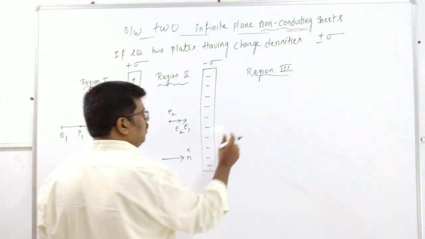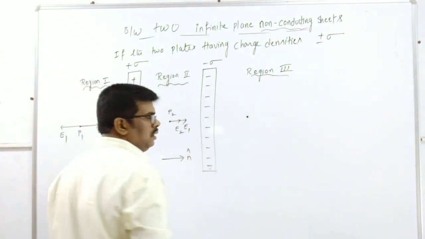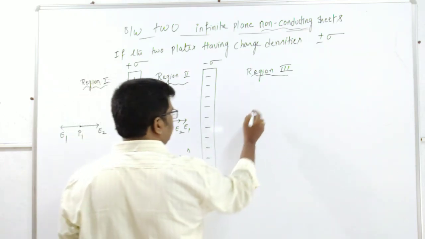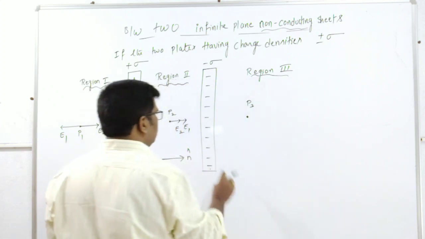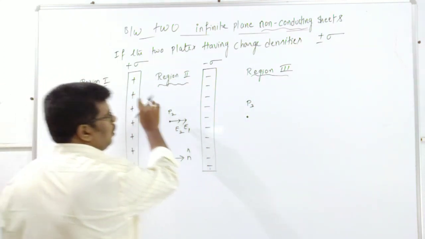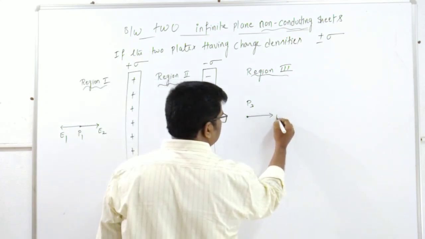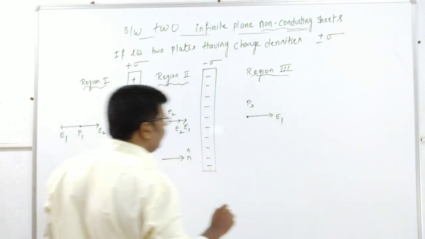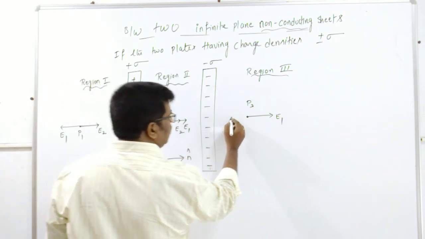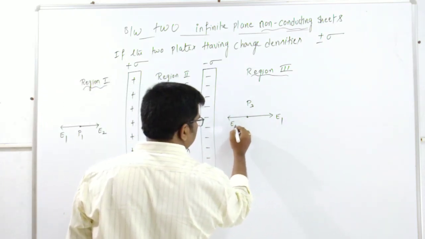And in the region 3, that is at P3, the electric field intensity due to the first plate, which is positive, is away from it, E1. But due to the negatively charged plate, the electric field intensity is towards it, that is E2.